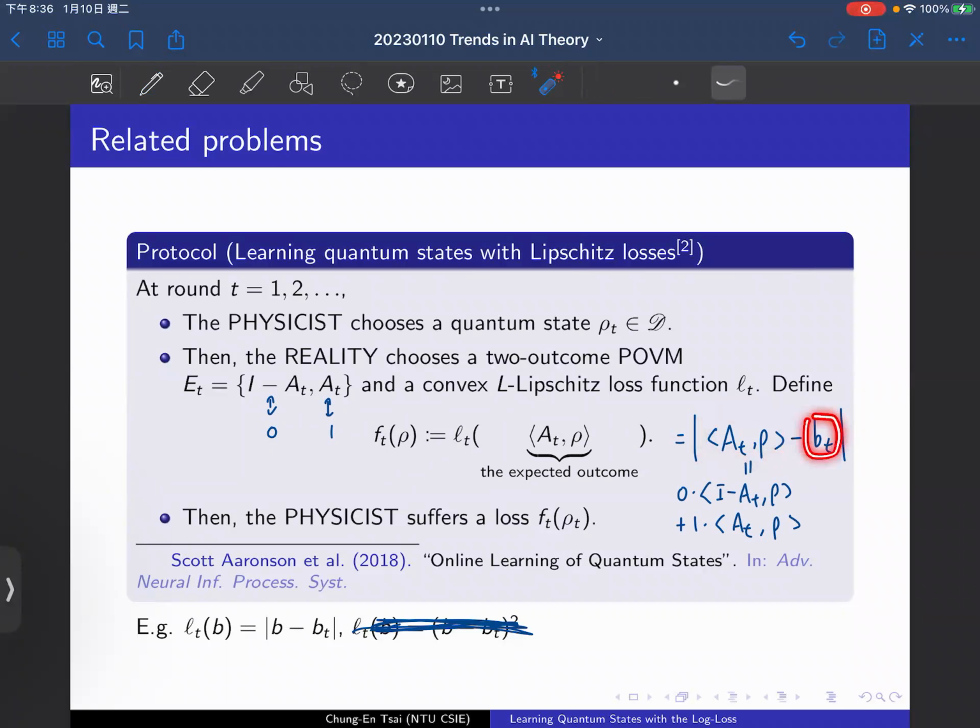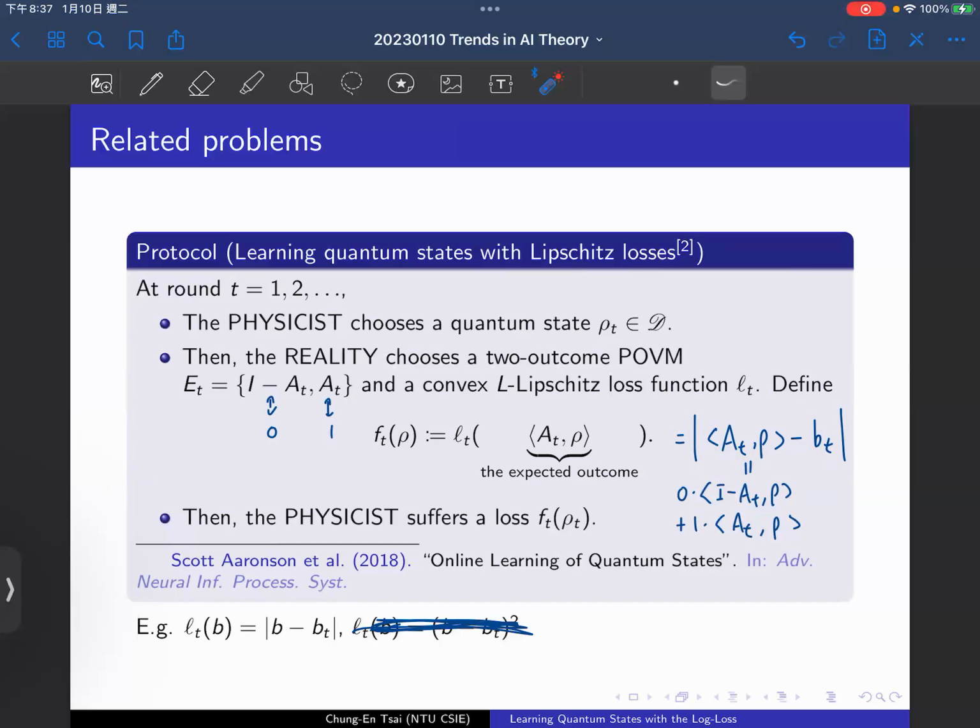And as for BT, you can think of it as some true answer. So the true expected outcome is BT, although there is no true answer in this problem. Then this loss function measures how our predicted expected outcome differs from the true expected outcome.